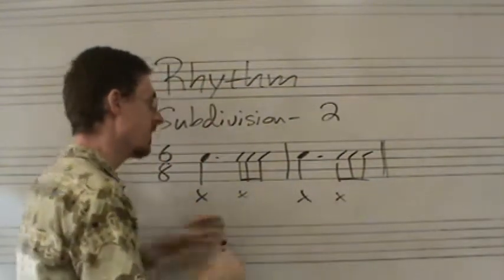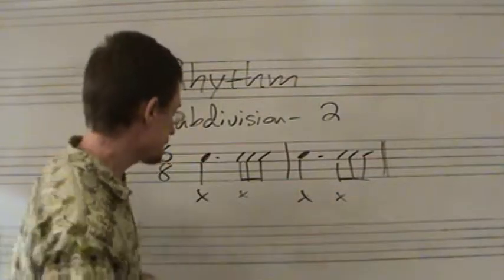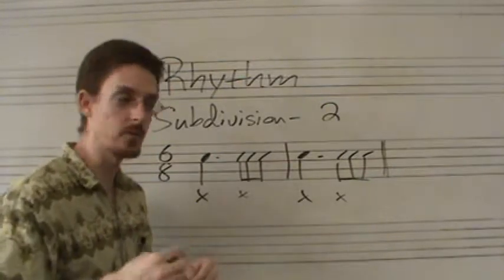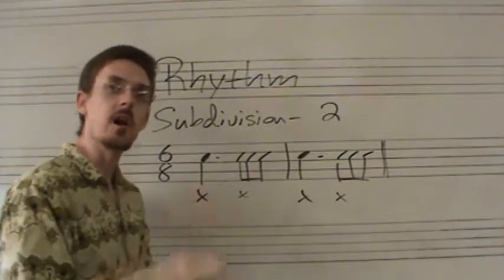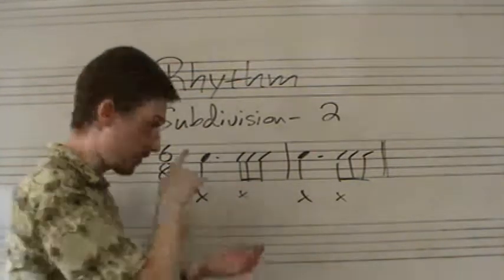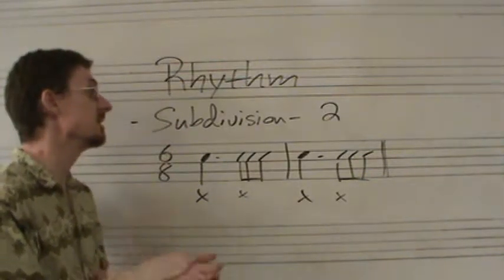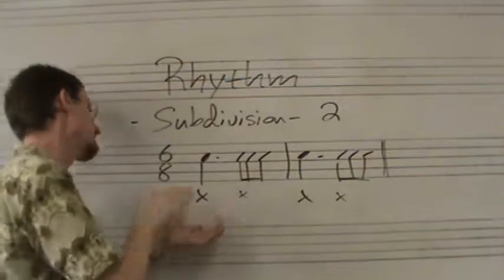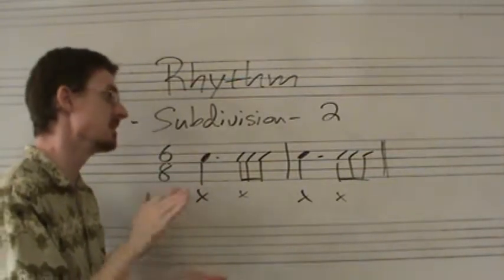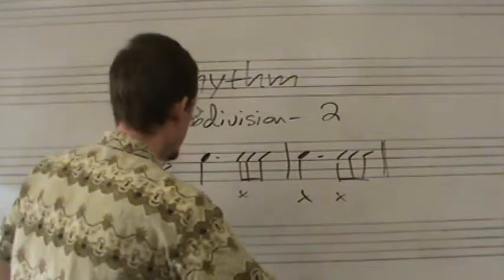Now because this is done in 2, and because the beat is divided into 3, this is how the subdivision is going to sound. 1 and 2 and 1 and 2, and I'll perform this one. See how that works. We're dividing each of the beats into 3.